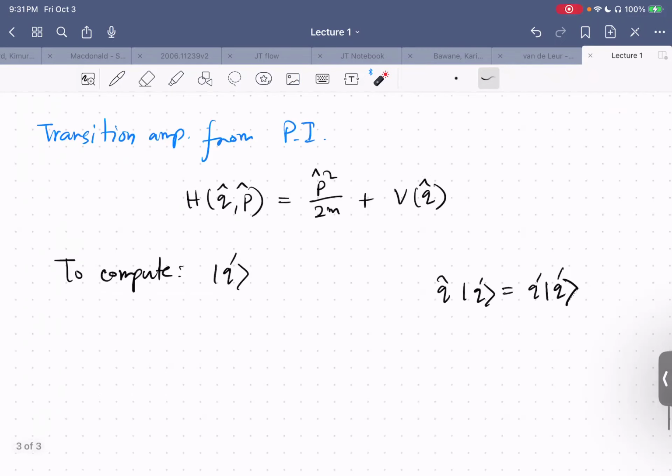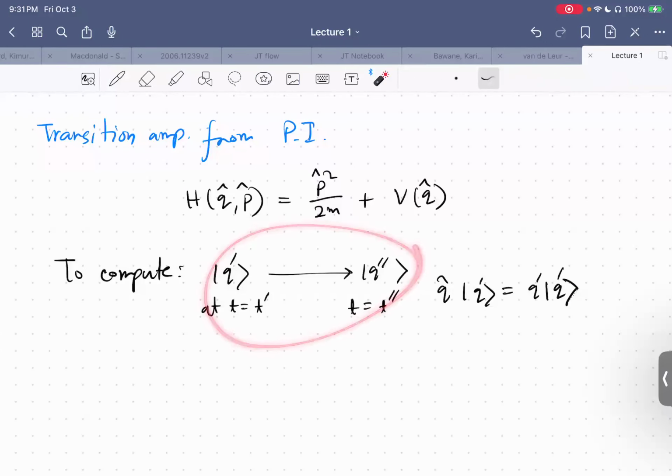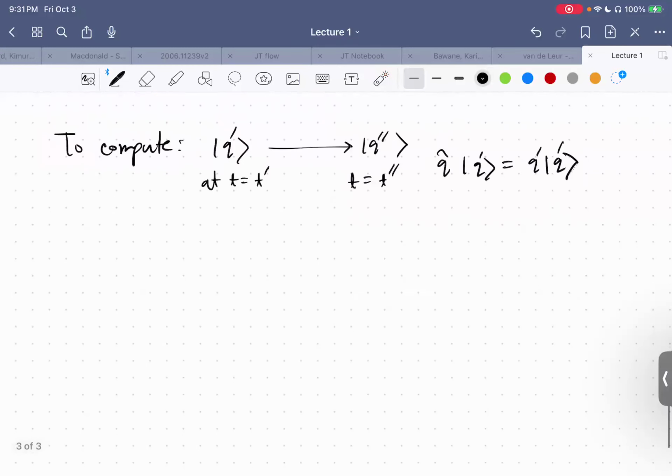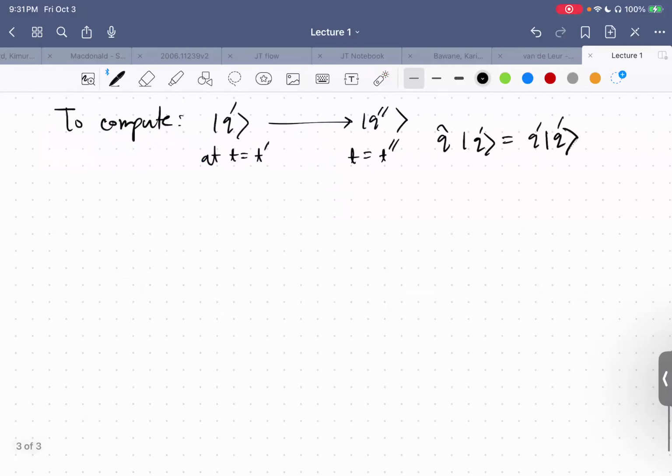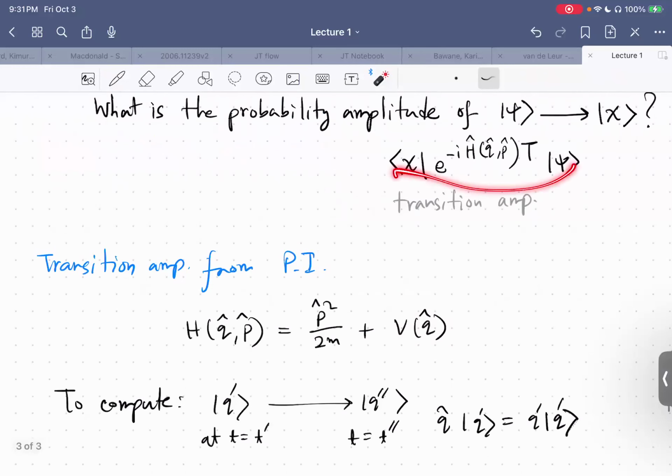All right. So q prime at t equals t prime goes to q double prime at t equals t double prime. So what is the transition amplitude for this process? Now, in terms of this kind of expression, what do we want to compute?